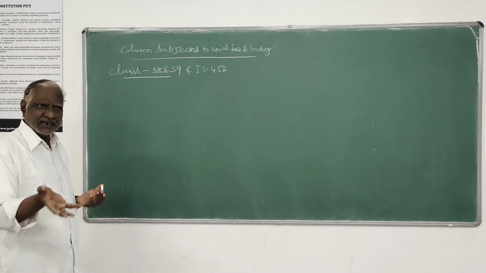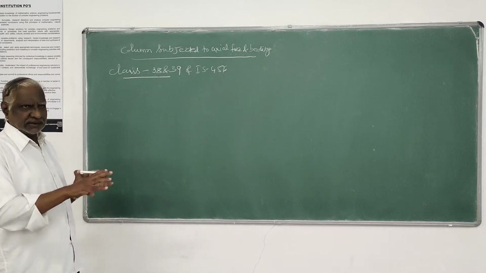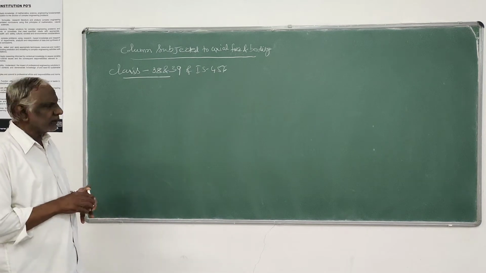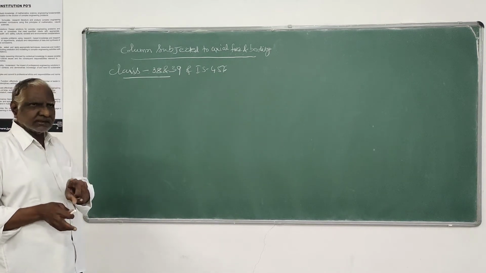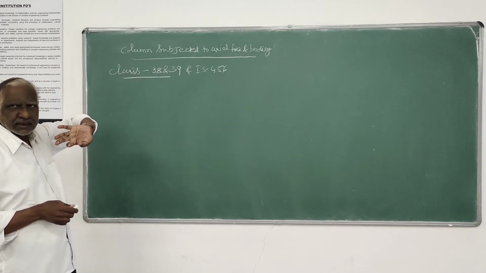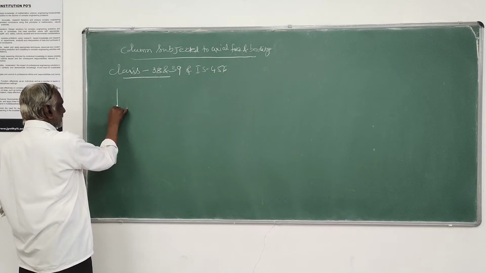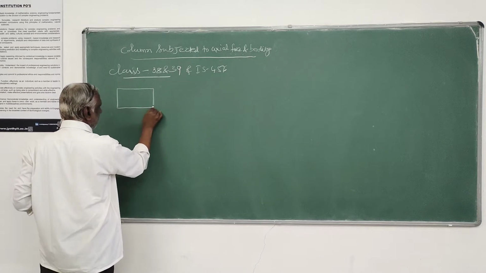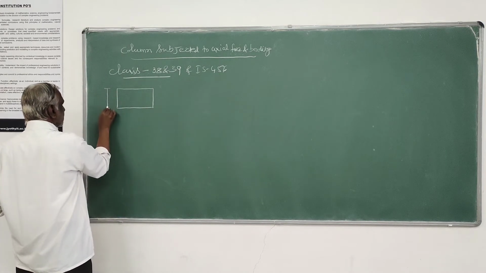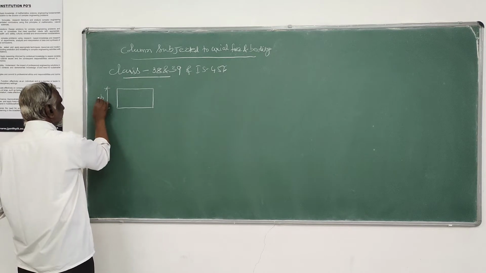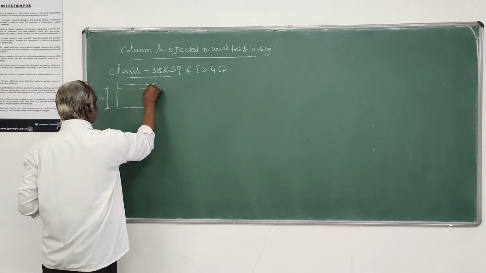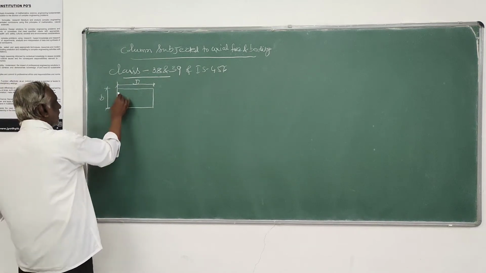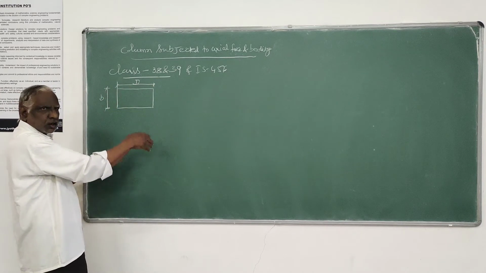You might have already done some designs on beams, something like singly reinforced, doubly reinforced, both flanged beams as well as rectangular beams. That same principle, whatever you have done there, we are using here in columns also. First, let us take a simple column section, a rectangular column section of smaller dimension B, larger dimension D, which is provided with steel, either all round or on two faces.